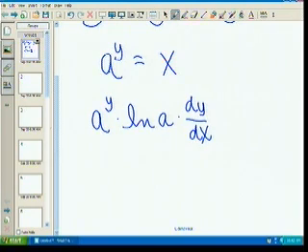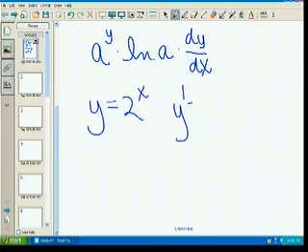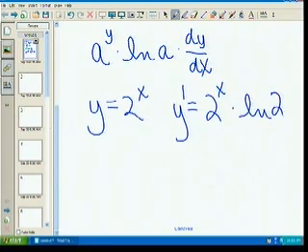You might need to go back in your notes, when we did 2 to the x and 3 to the x, we got derivatives. When we had y equals 2 to the x, we found earlier in this course that the derivative of 2 to the x was itself, 2 to the x. Why? Because we ended up having that in both terms, and we factored it out in front. And then the rest of this baggage became the natural log of 2. So we've encountered that before.